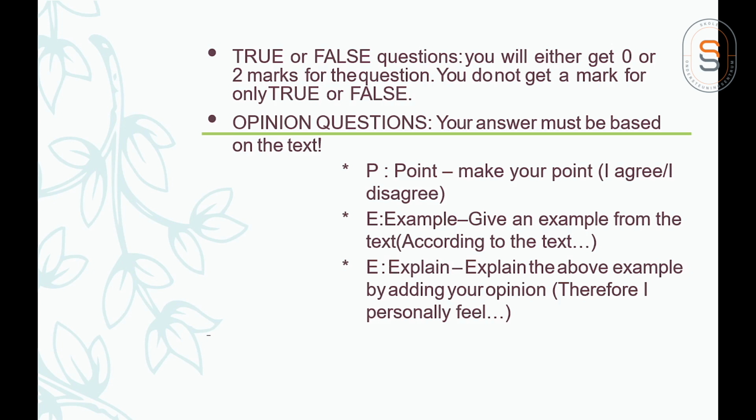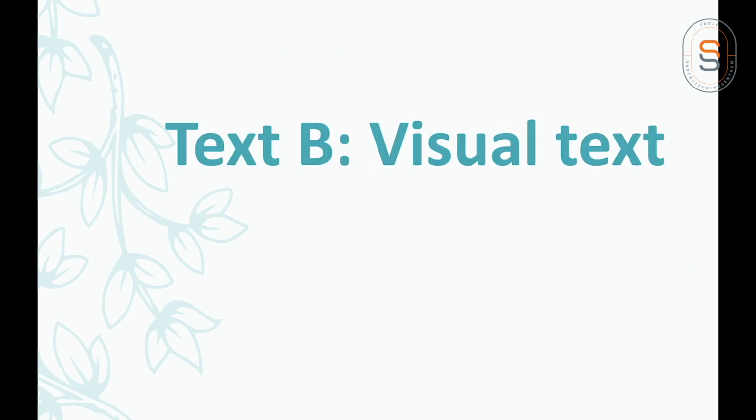Give an example from the text, because according to the text, in your own words, and then you explain, therefore, I feel that, and then you give your opinion. Remember, you can't just give your opinion that is not text-based, because then your answer is generic and we cannot award a mark for that.